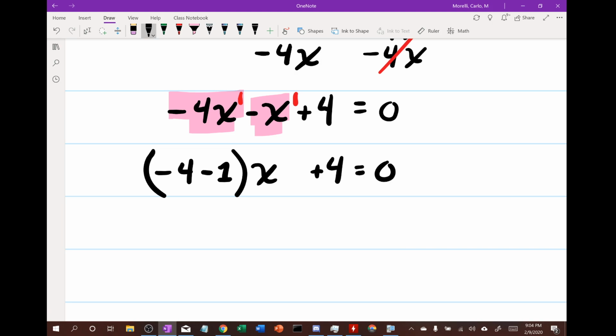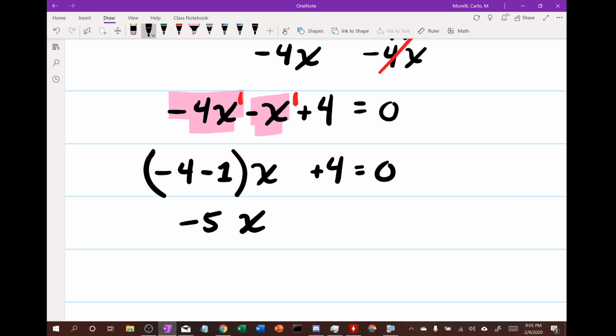So what is negative 4 minus 1? That'll be negative 5. That's correct.